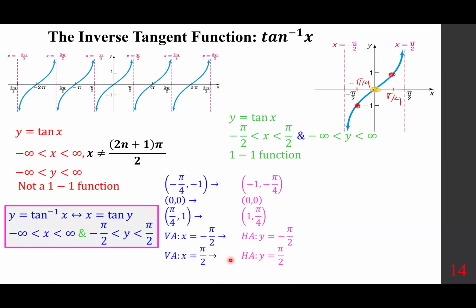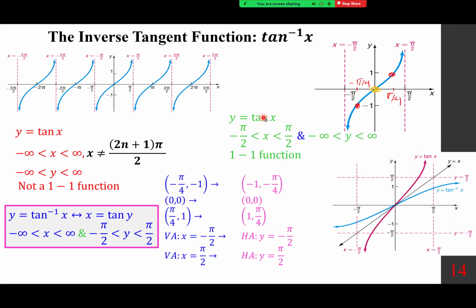So 0, 0 doesn't change. -1, negative pi over 4 is somewhere here. And +1, pi over 4 is somewhere there. So it looks like that.